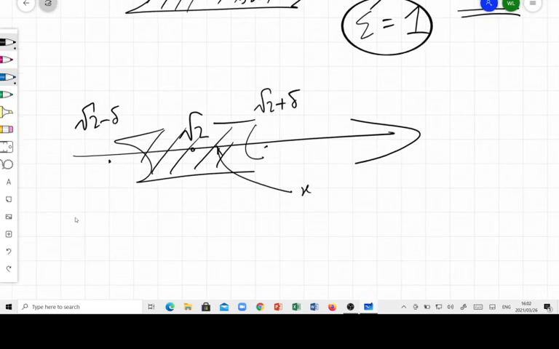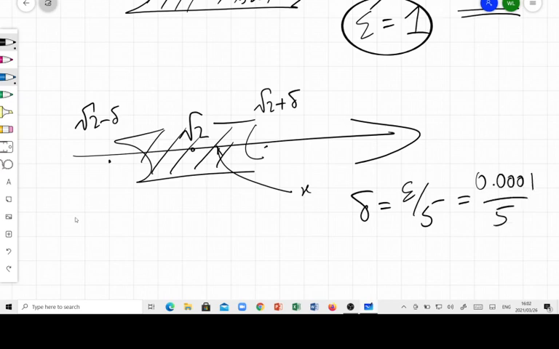In this case, remember, because the arrows always magnify when you do a magnification operation, my delta will always be epsilon over 5, which here is 0.0001 divided by 5.